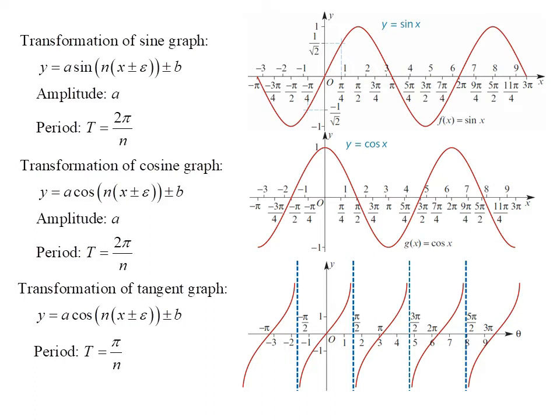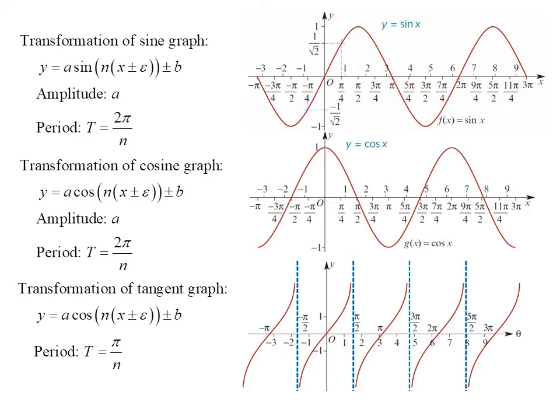As for cosine x, the graph shown in the middle, it is the graph of sine x translated pi over 2 units in the negative direction of the x-axis. So the period of cosine x is 2 pi and the amplitude is 1. The graph shown below is the tangent x curve.